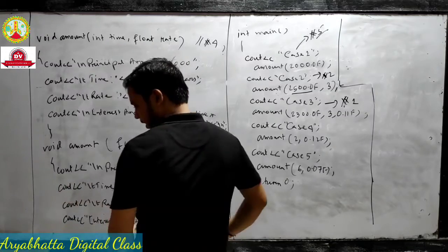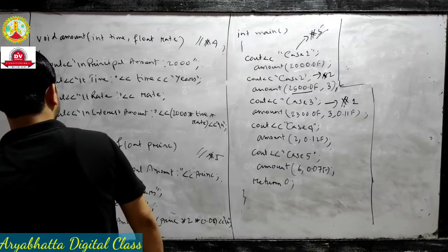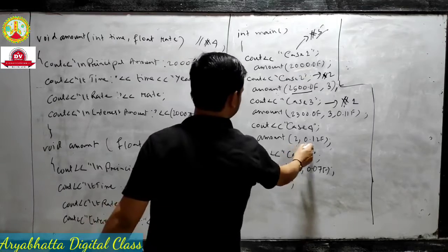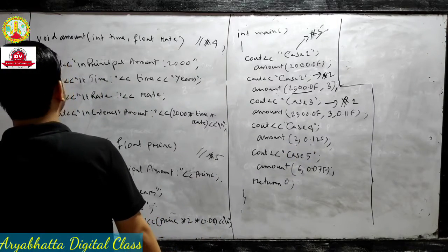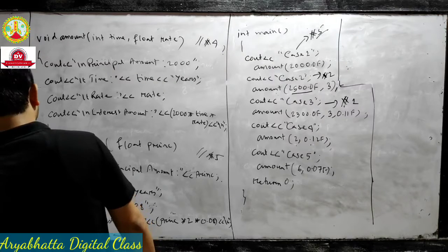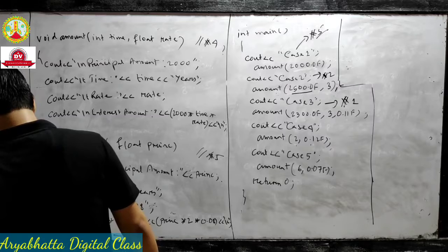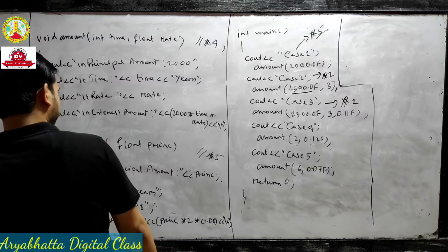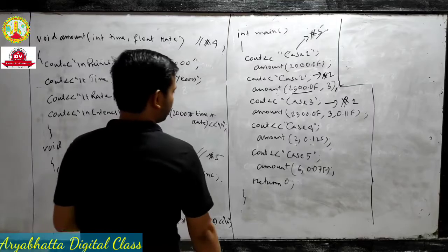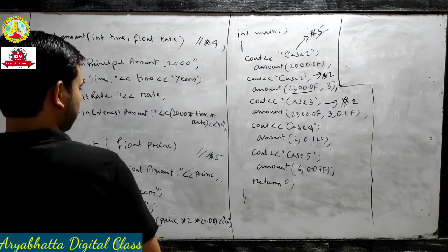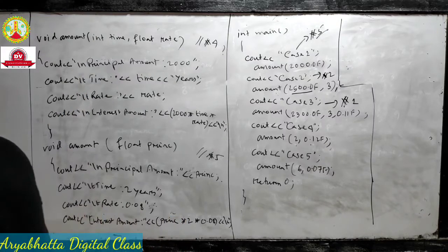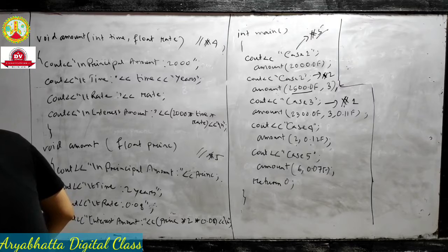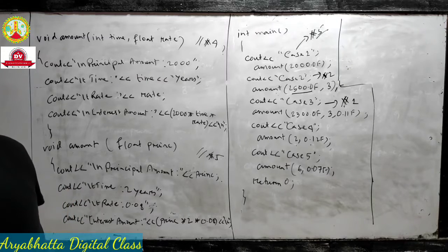This is for function 3, and the last one is 0.07.